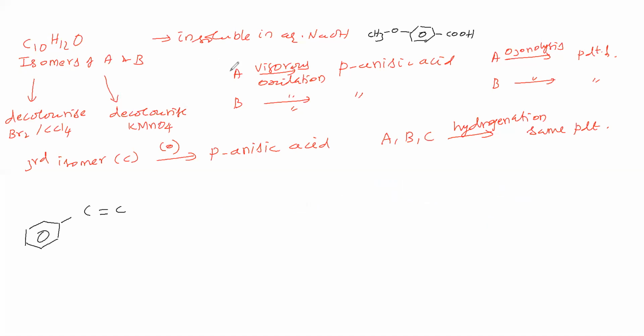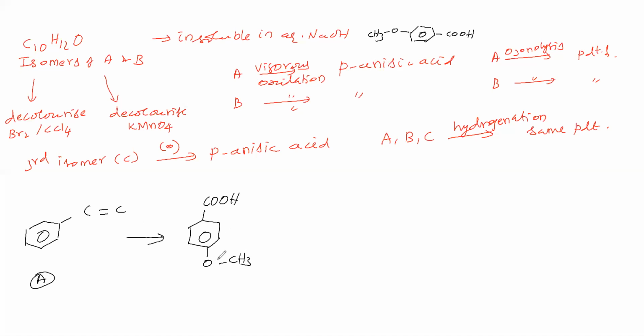Next we will see this isomer A on vigorous oxidation gives para-anisic acid. Anisic means from anisole. That means A is giving para-anisic acid. Anisic acid is this.